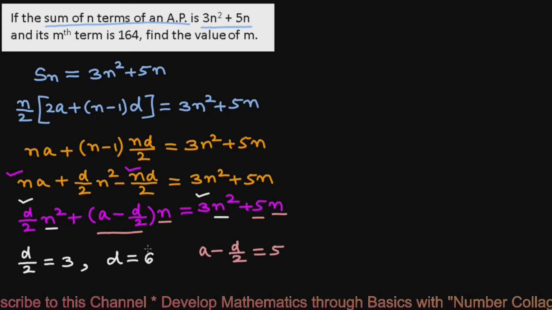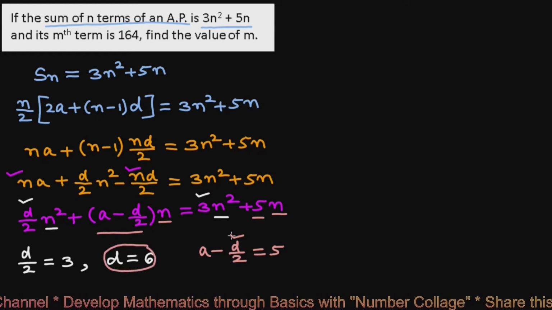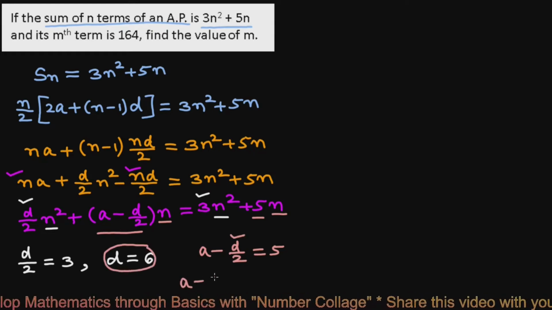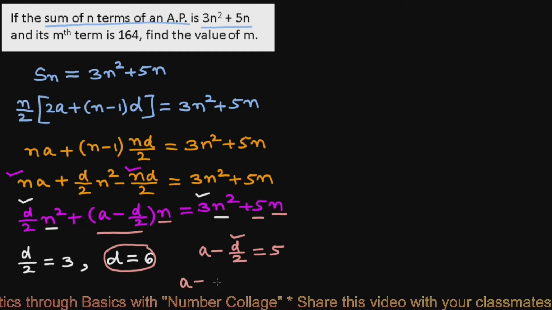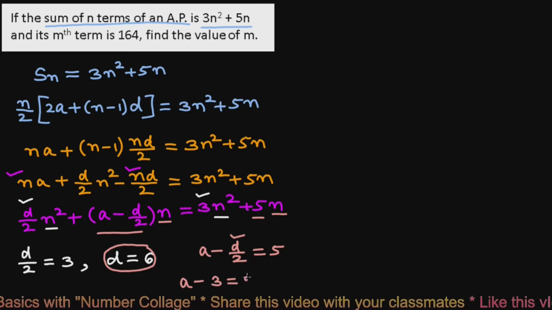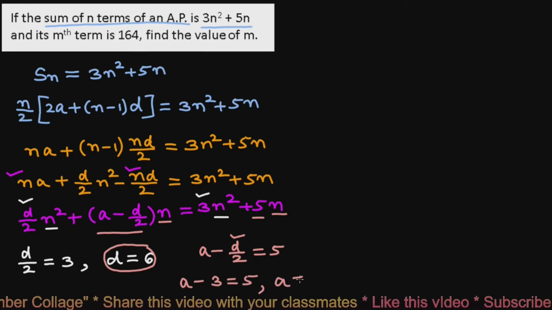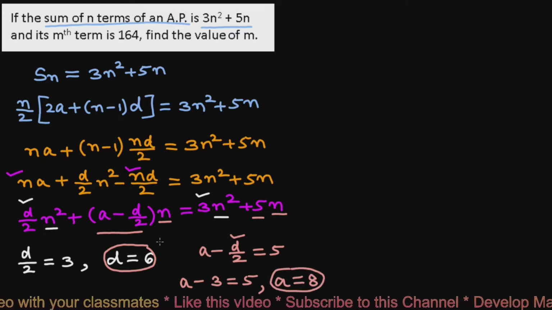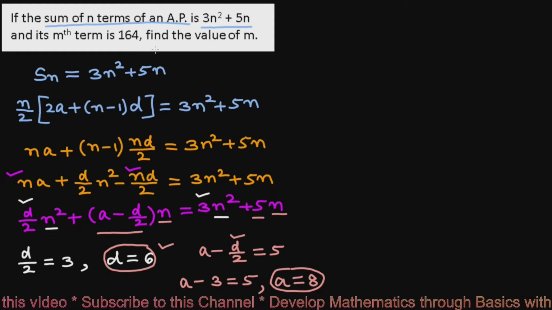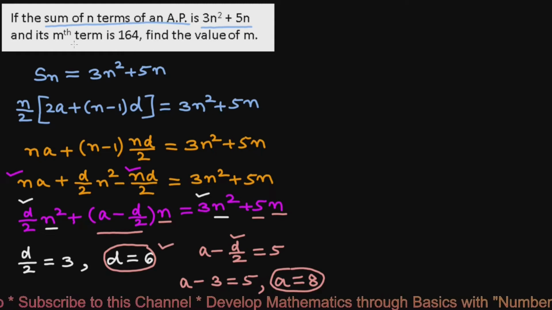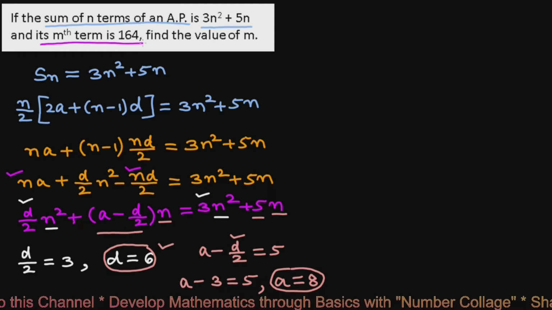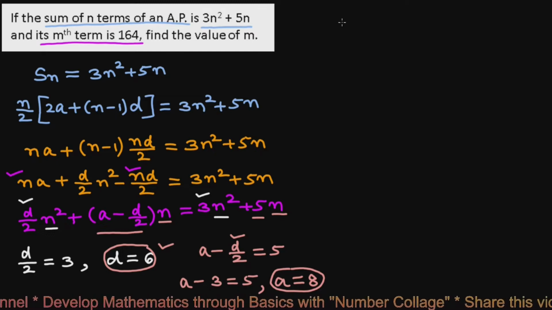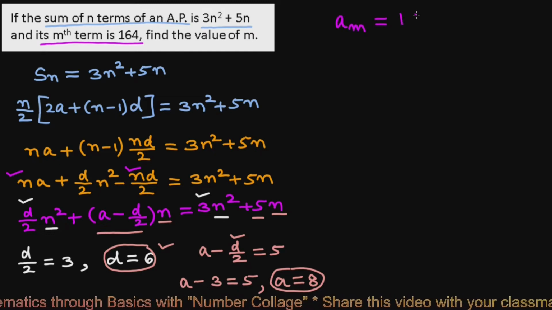Now we will substitute the value of d here, so it will be a minus 6 upon 2 will be 3 equals 5. So that gives a equals 8. So we got a equals 8 and d equals 6. Next, we have been given that its mth term is 164, which means am is 164.